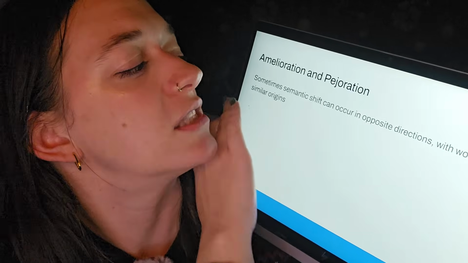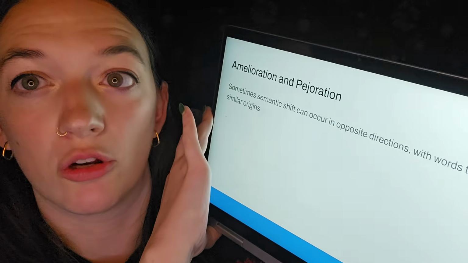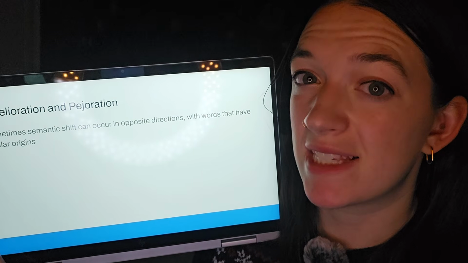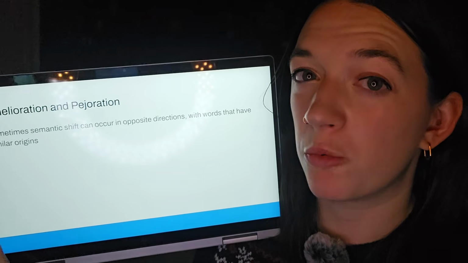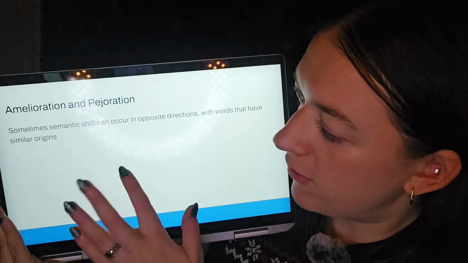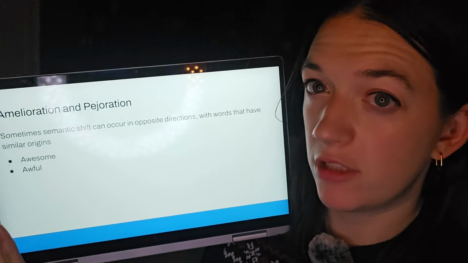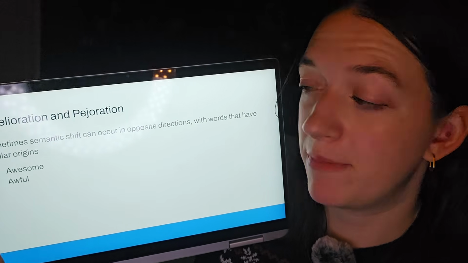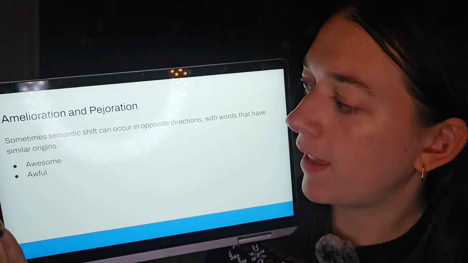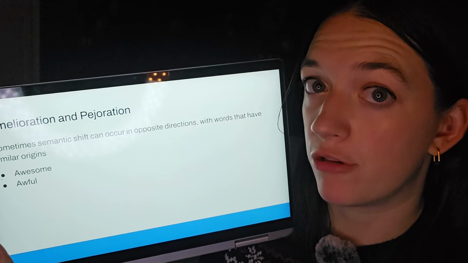Sometimes semantic shift can occur in opposite directions with words that have similar origins. We talked about disambiguation and how we don't want too many words that have the same meaning as each other. So for example, awesome and awful have similar origins, meaning they inspire awe in someone, and one underwent amelioration and one underwent pejoration.